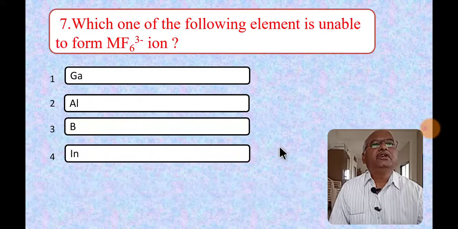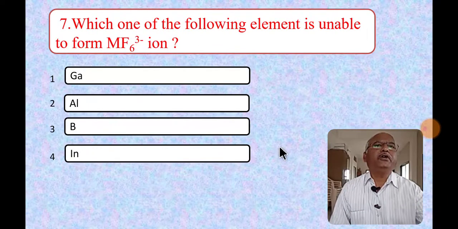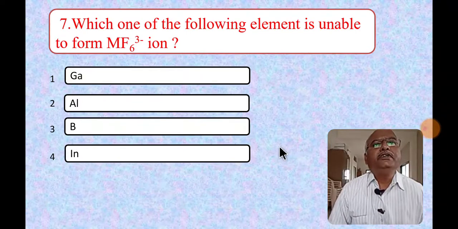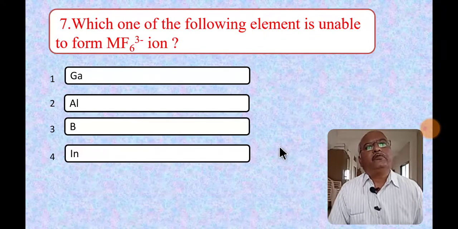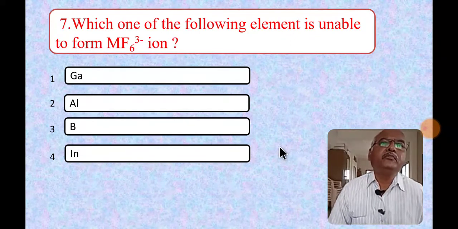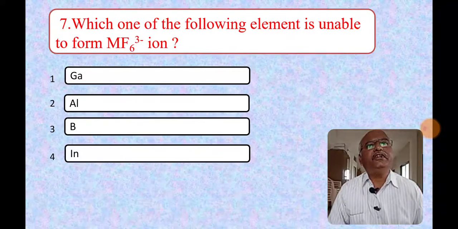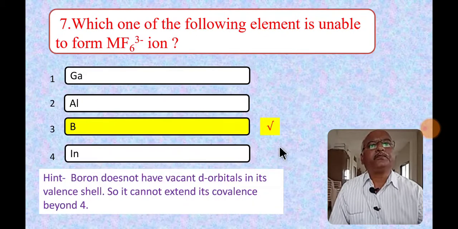Next question, which one of the following element is unable to form MF6 3- ion? Options are gallium, aluminium, boron and indium. Select the correct answer.